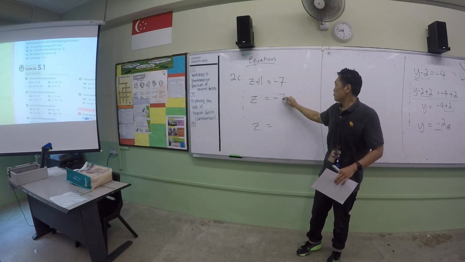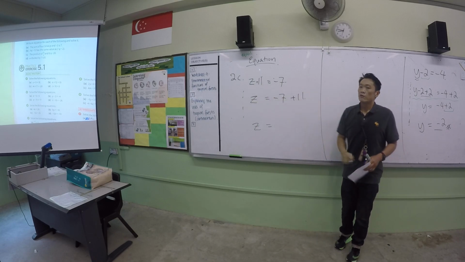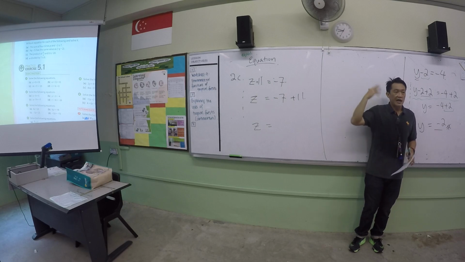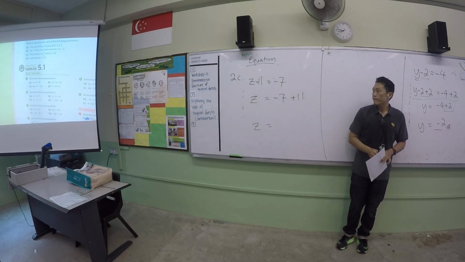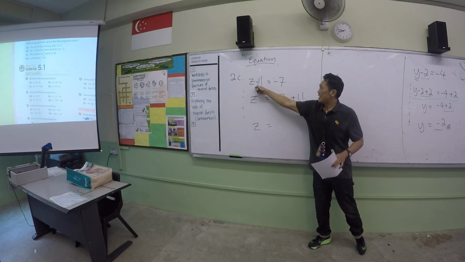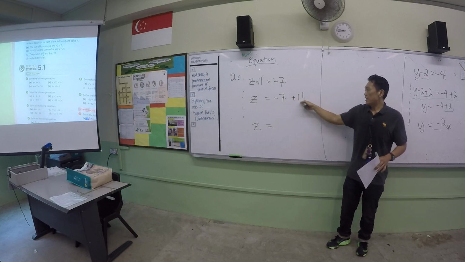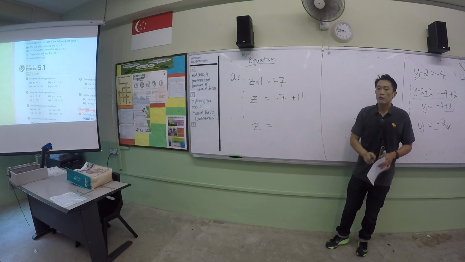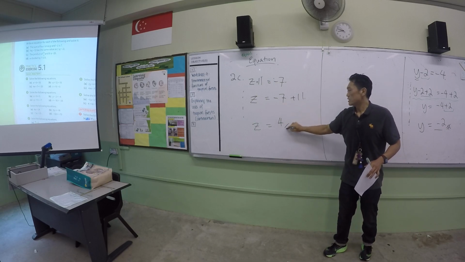Right hand side is still minus 7, no change, but I add 11. Okay? So this is the idea. Then I can save the step. I am purposely adding 11 to cancel this 11, then the 11 appears on the right hand side. Negative 7 plus 11 is positive 4.